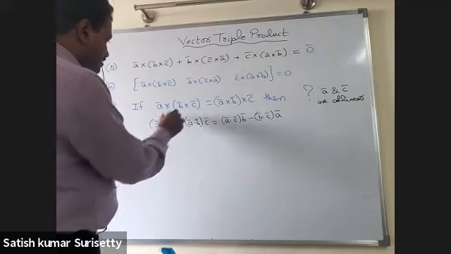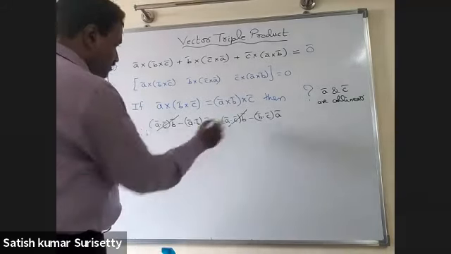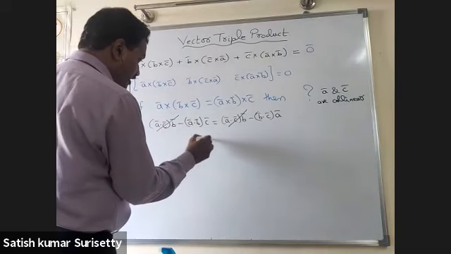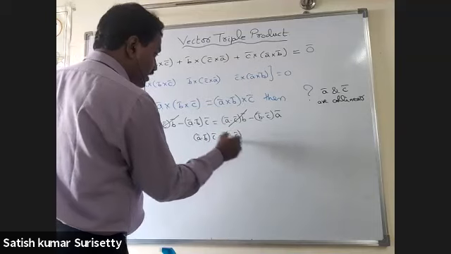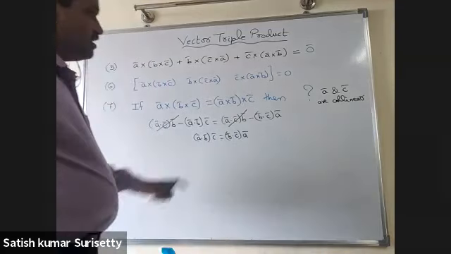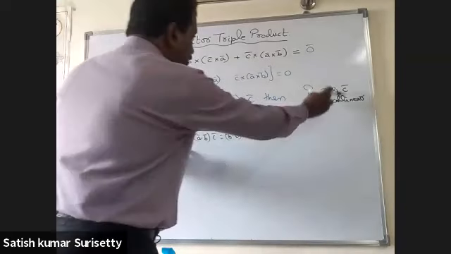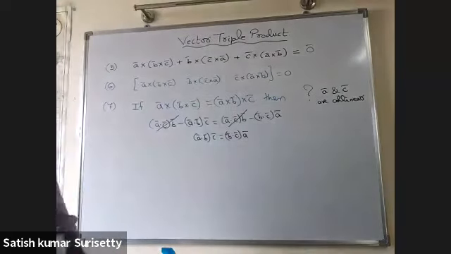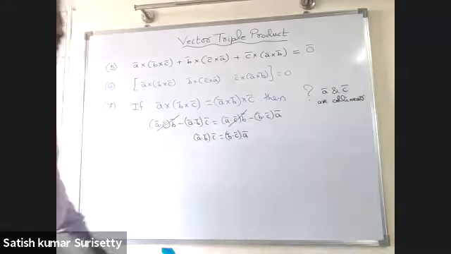First, A bar dot C bar into B bar gets cancelled. So what will this be? A bar dot B bar into C bar equals B bar dot C bar into A bar. That means C bar is some constant times A bar. It means A bar and C bar are collinear, provided A dot B is not equal to 0 or B dot C is not equal to 0.